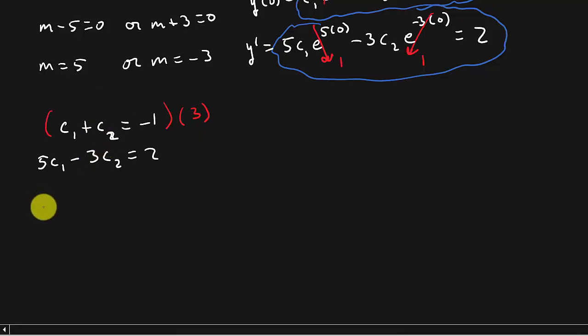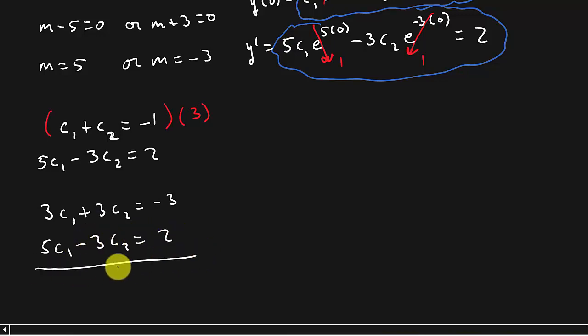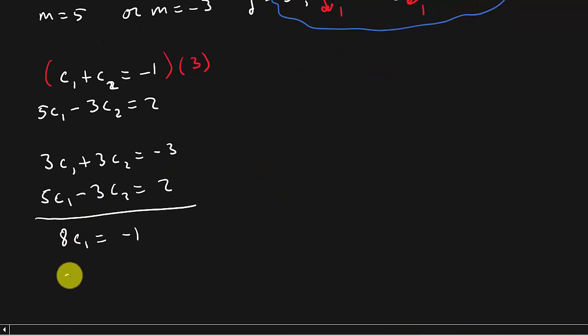So that's going to give me 3C1 plus 3C2 equals -3. And then 5C1 minus 3C2 equals 2. And so that's going to give me 8C1 equals -1. So this tells me that C1 is -1/8.